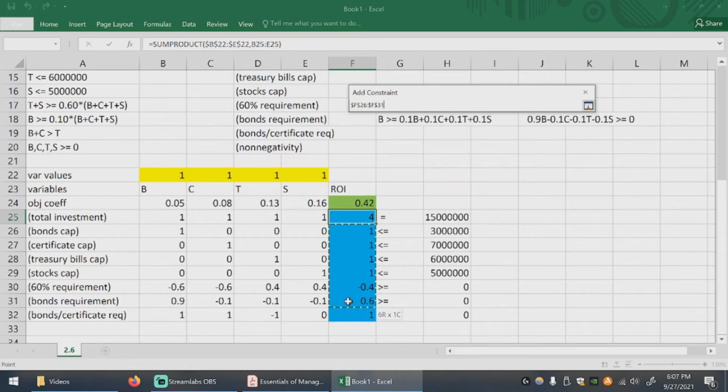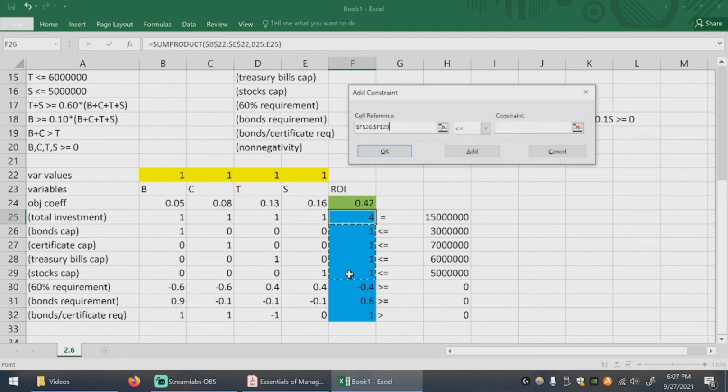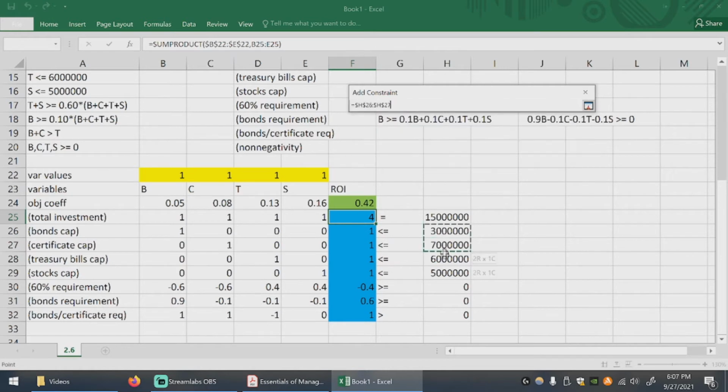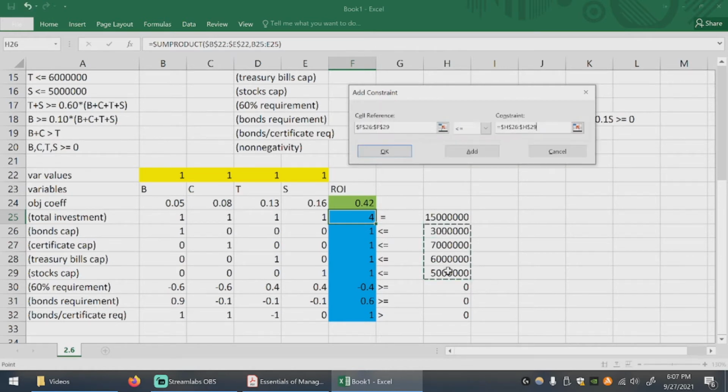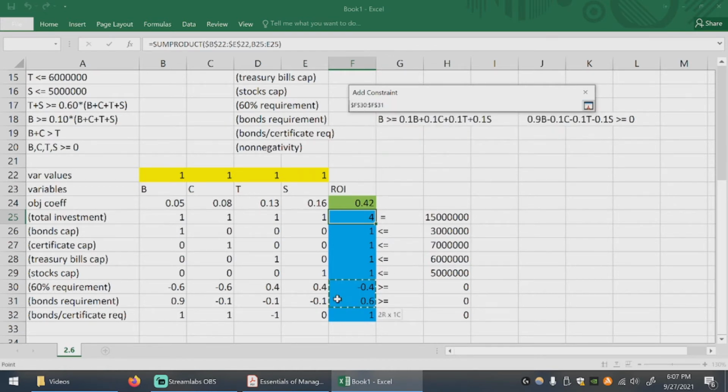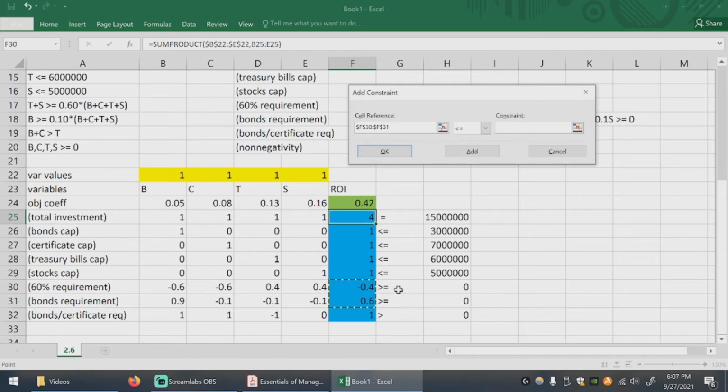These are all less than or equal to until there, right? So we can group them less than or equal to, like so. Left-hand side compared to the right-hand side. Add. These two are both greater than or equal to. Now in Excel, you'll notice there is no strictly greater than, because that's weird in the solver.